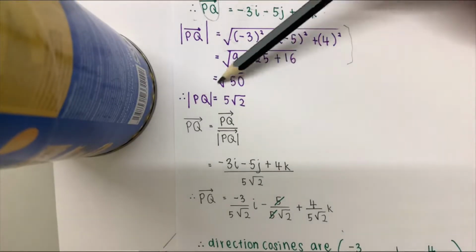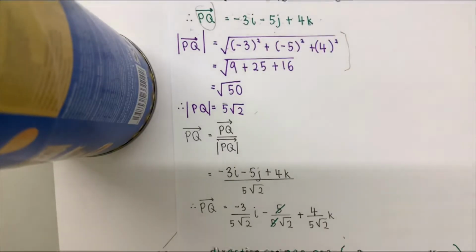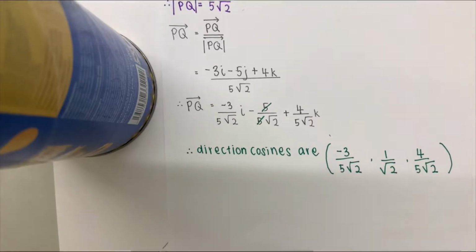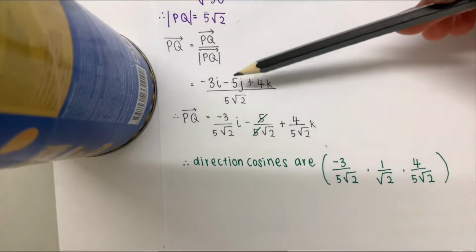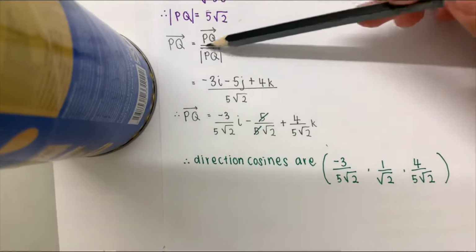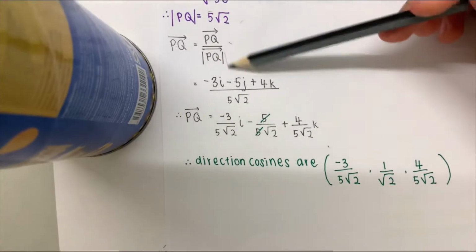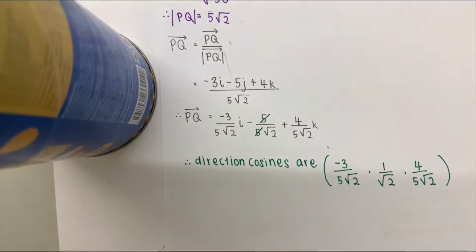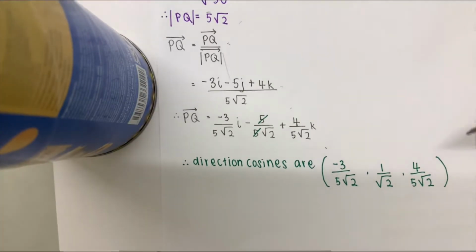We get 5 square root 2. Then for the final answer, we need to divide them. Divide PQ over the magnitude of PQ. So just follow the steps and we get the answer.